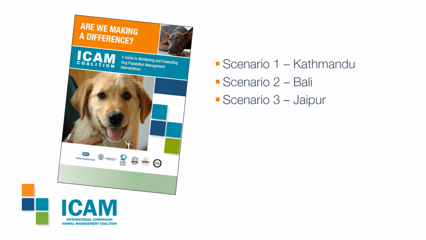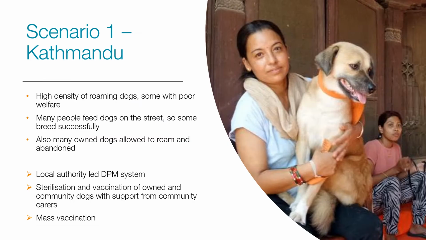At this stage of the workshop, delegates selected one of 3 scenarios. Now these are hypothetical scenarios, but they're based loosely or at least inspired by real-life DPM interventions. They picked one of the scenarios and then they worked through the online impact assessment tool with their facilitator. So I'll describe those 3 scenarios now. First of all, Kathmandu, which is the capital city of Nepal.